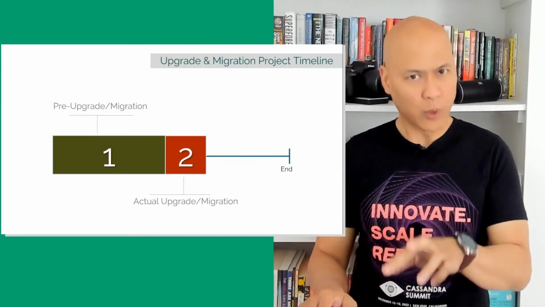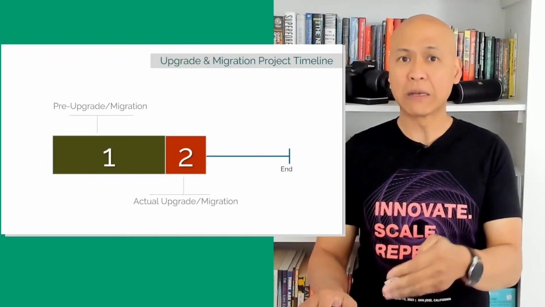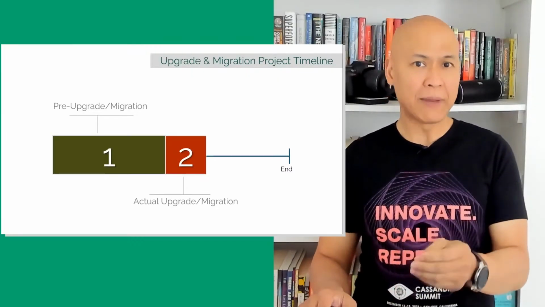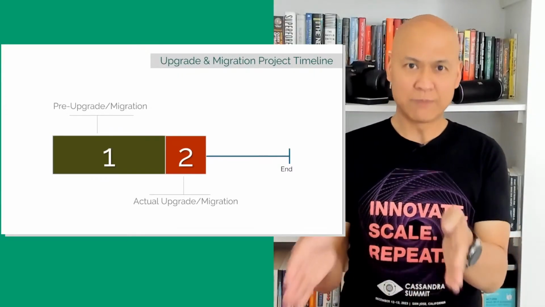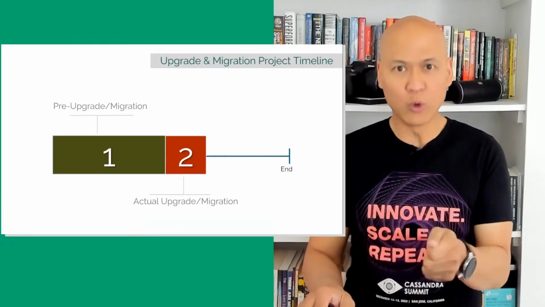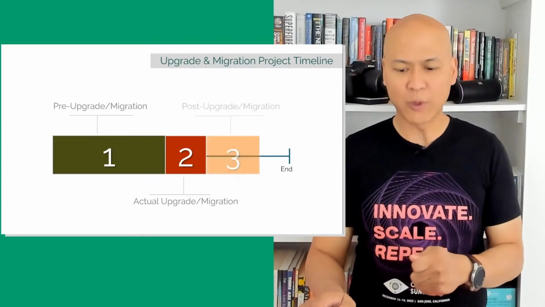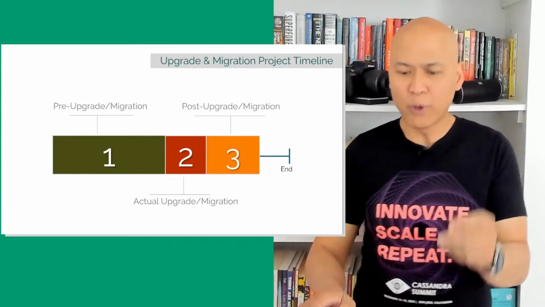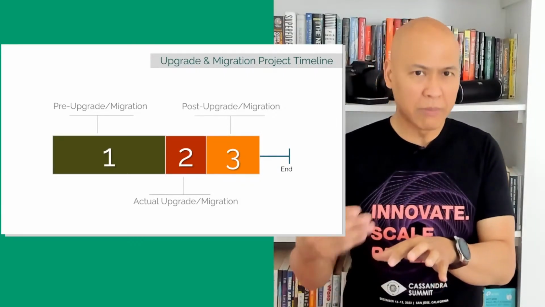Part of that, because you have a high availability solution, you have to think about how short this portion of the project is, because your goal is to still maintain high availability while you're doing an upgrade and a migration. And then you have the post-upgrade or post-migration phase where you're stabilizing.